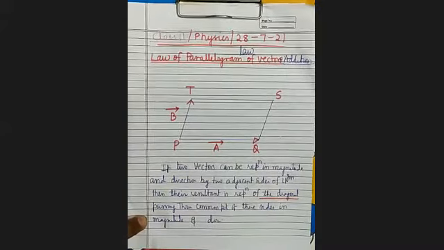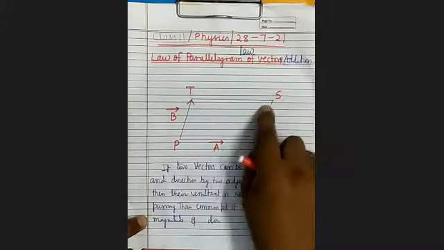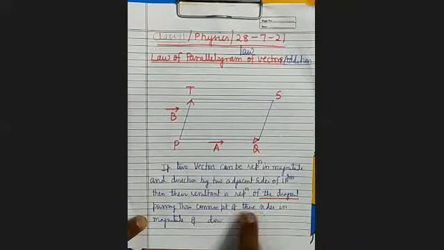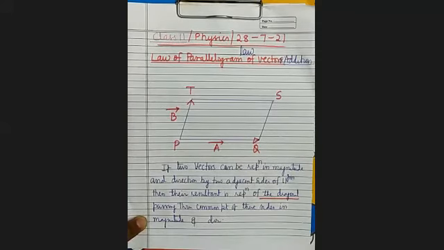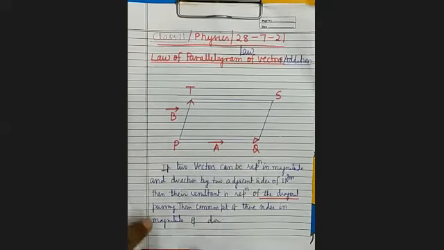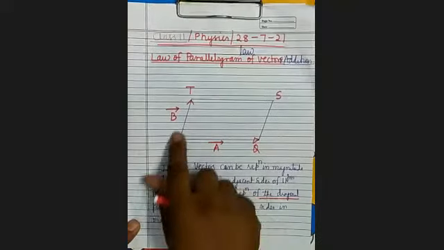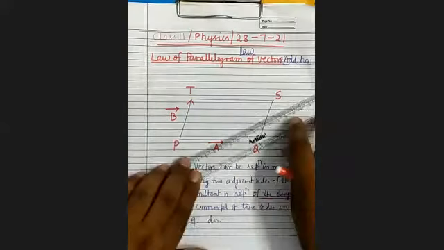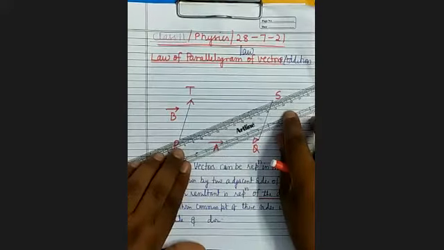And which diagonal? Because there are two diagonals, one is PS and the other is QT. So the diagonal which passes through the common point of these sides. Which diagonal is passing through the common point of PQ and PT? It is diagonal PS.